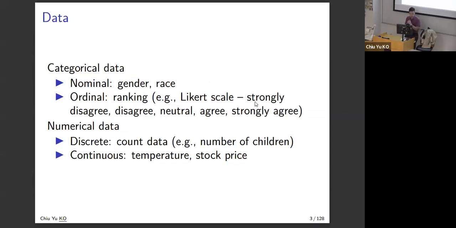Just to remind you quickly, about the data we are working on. There are many types of data, and we will focus on the continuous type in our class. Although our tools would work fine with discrete data, if you want to do it seriously for discrete data, you need a much more advanced tool. Similarly for ordinal or nominal.